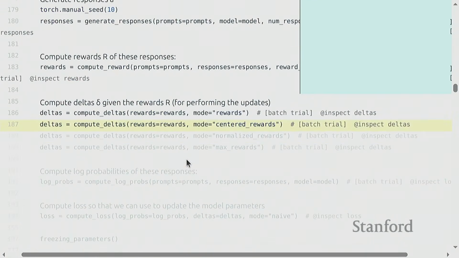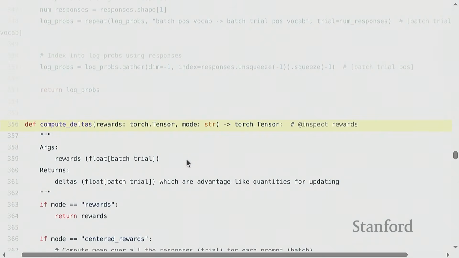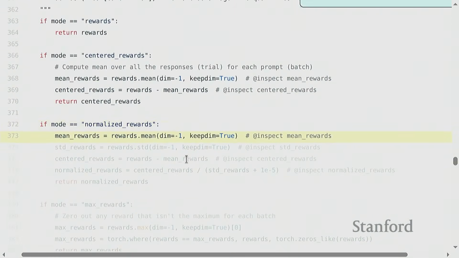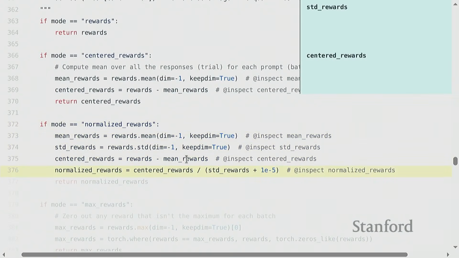Okay, so that's centered rewards. And then you can do this thing in GRPO where you normalize. You center the rewards, then divide by the standard deviation and add something small so you don't divide by 0, just in case. And you return that. Okay?